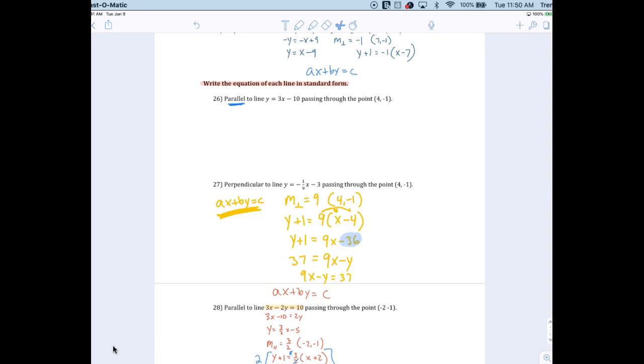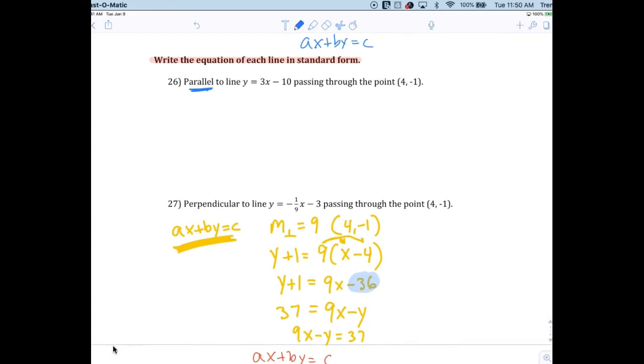All right, who's not very good at this? Who's not very good? I'm very good. All right, go. I like that. What do I do? The slope of the parallel is? Good job.